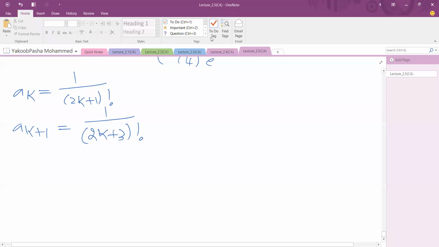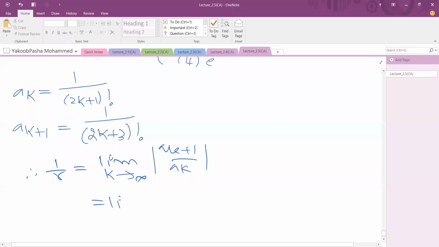Take the ratio test: 1 by r is equal to limit as k tends to infinity of ak plus 1 by ak.